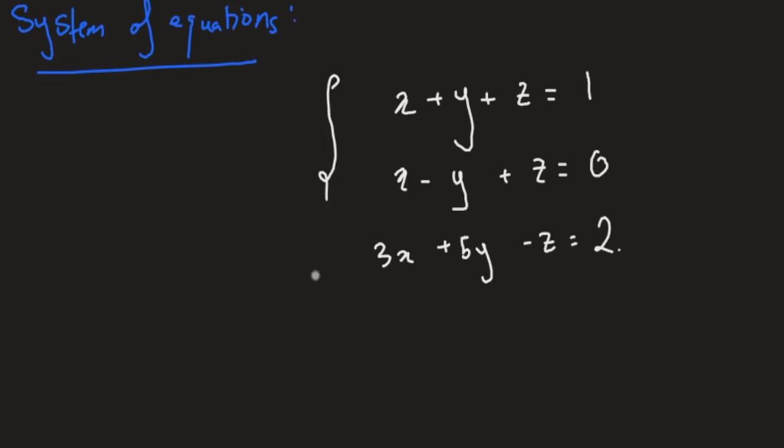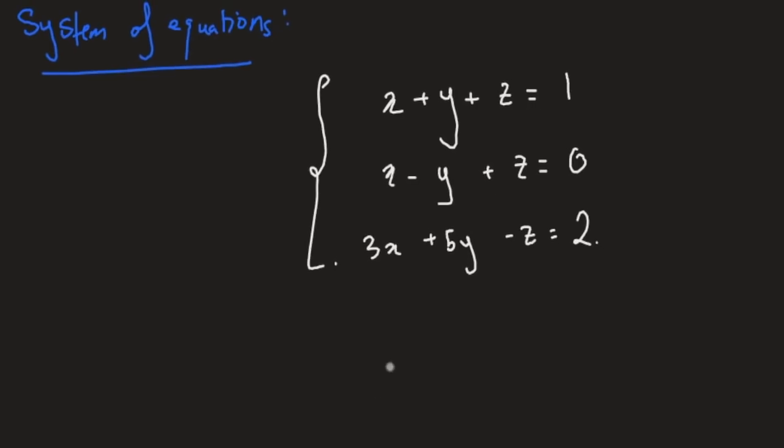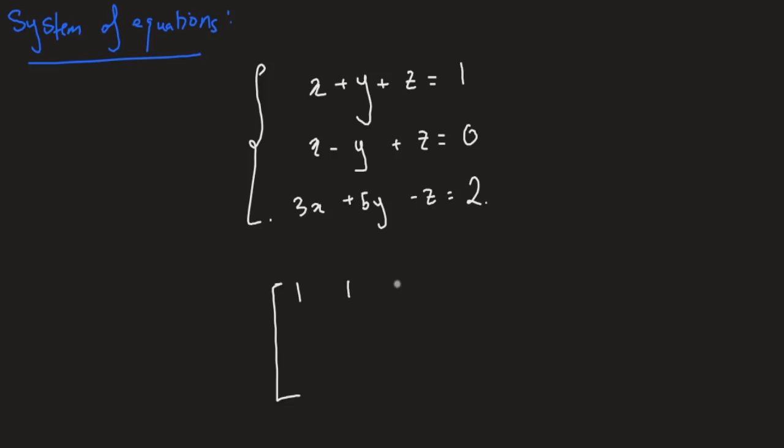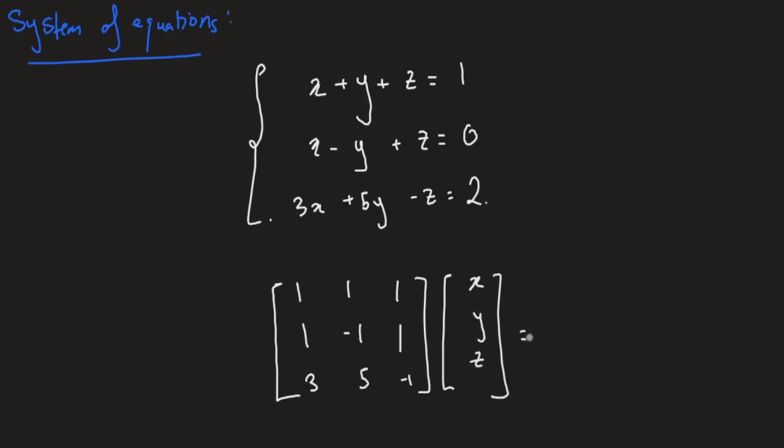You can go ahead and solve this system the hard way, by elimination or substitution or whatsoever, or you can form matrices now. You can write this as follows: the matrix with rows 1, 1, 1; 1, minus 1, 1; 3, 5, minus 1, times a vector of unknowns x, y, z, is equal to the right-hand side, 1, 0, and 2, right?